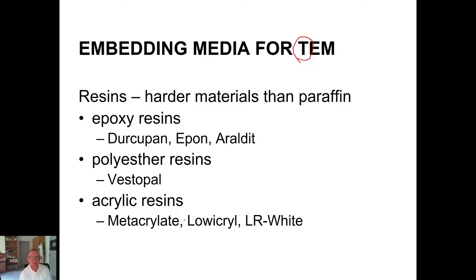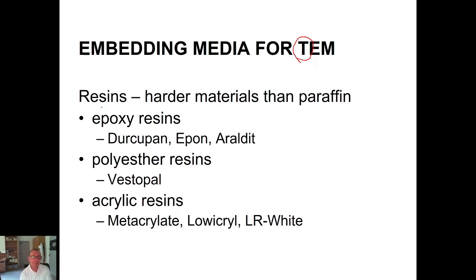Resins are harder than paraffin because we need very thin sections, very thin slides, and the harder the embedding material, the thinner and the more gentle the sectioning can be. So please remember this simple rule, and that's why we use resins in electron microscopy.